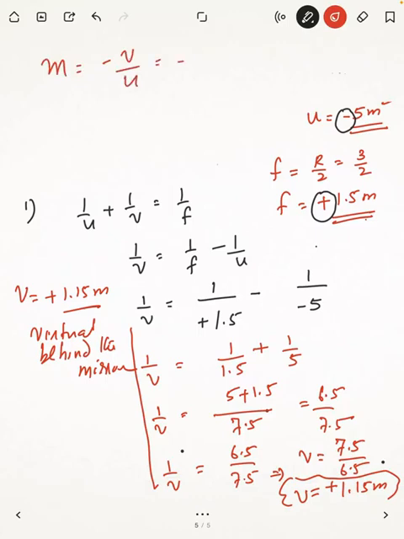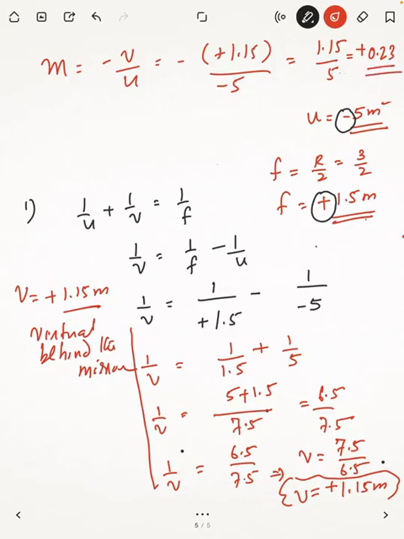m equals minus the value of v, plus 1.15, divided by the value of u, minus 5. Minus minus cancel, and this is equal to 1.15 divided by 5. So you get a positive value, 0.23.